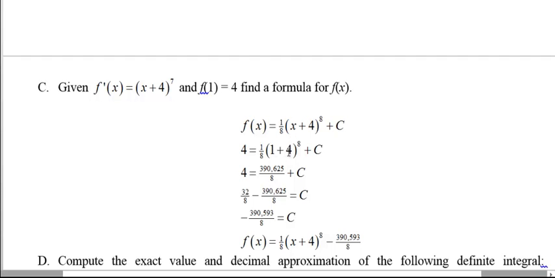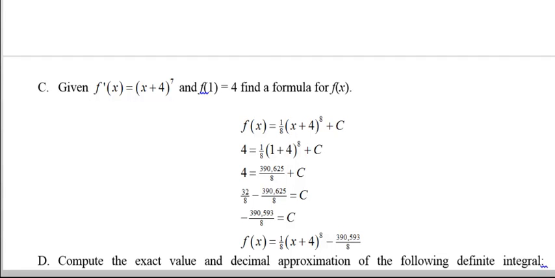1 plus 4 is 5. 5 to the 8th is 390,625, times 1/8 is 390,625 over 8. That's plus c equals 4. Subtract that fraction from both sides, get a common denominator. 4 is 32/8.